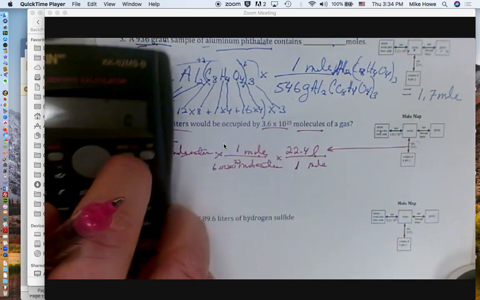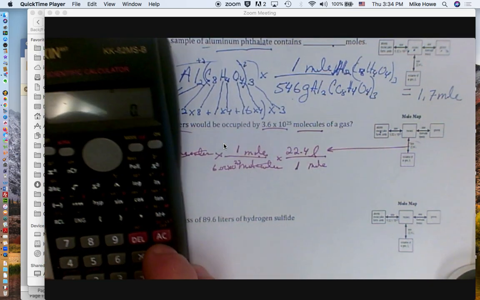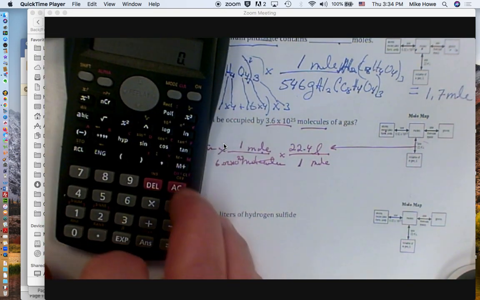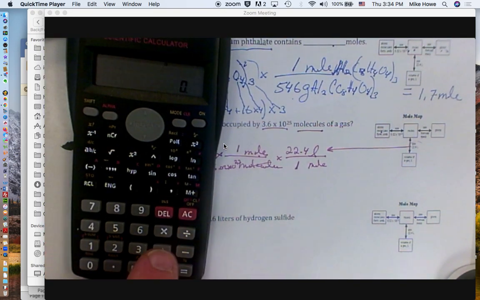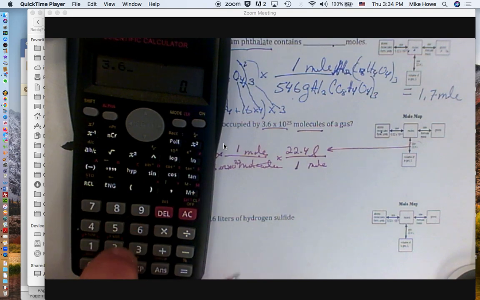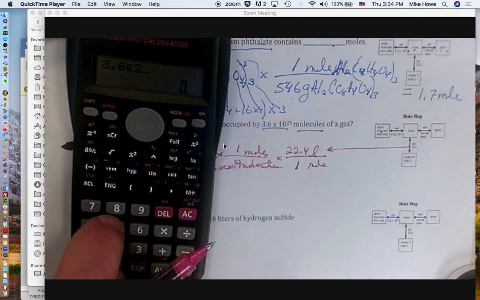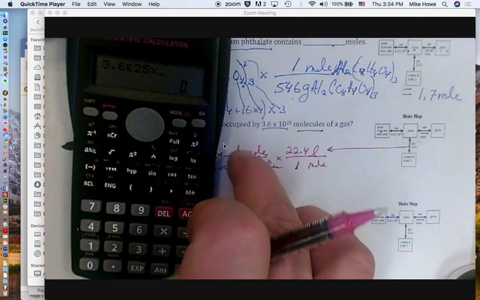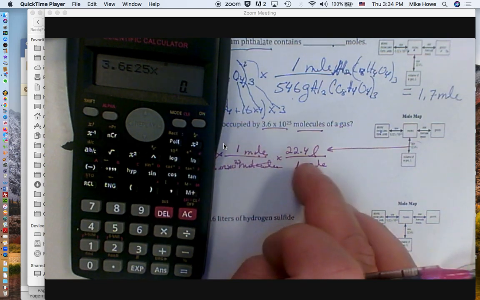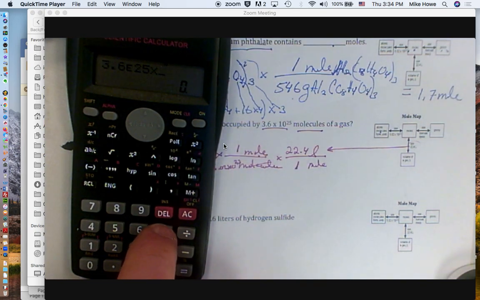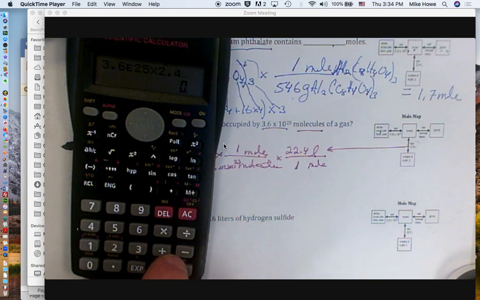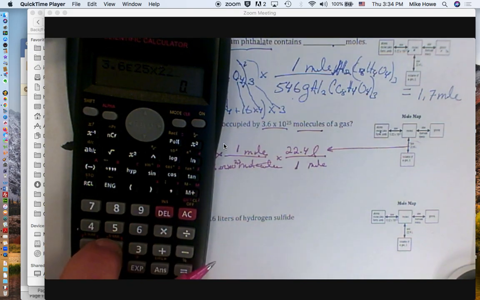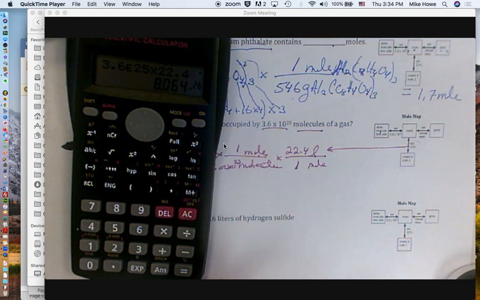So we'll type that in to remind us how to do that. 3.6 times 10 to the 25th, so 3.6 exp 25. Multiplied by 1, which I'm just going to skip that step, multiplied by 22.4. And that's what's on the top.